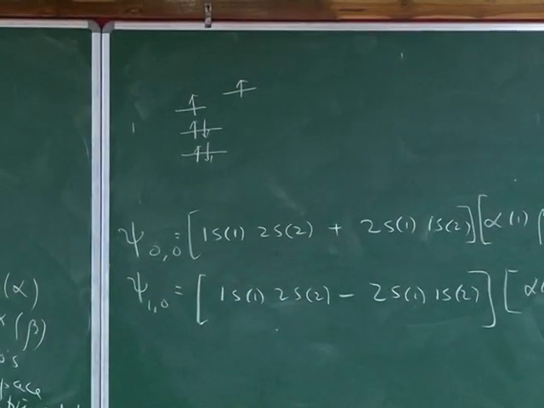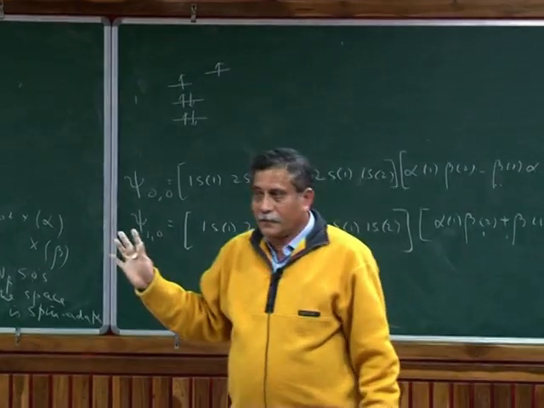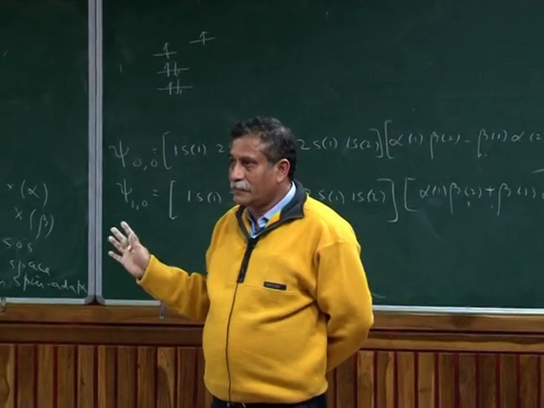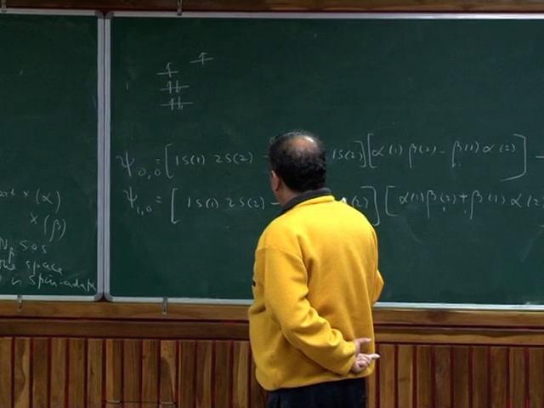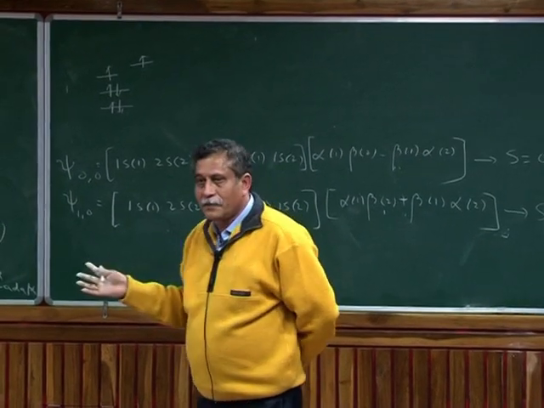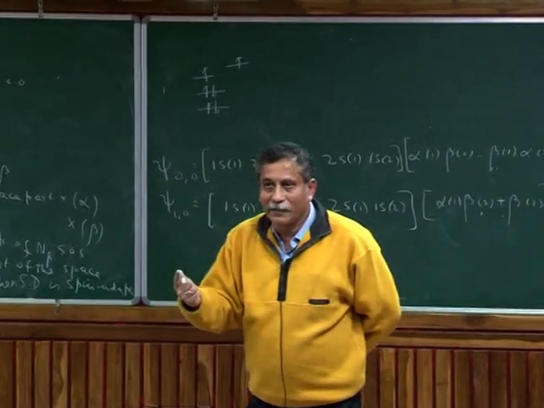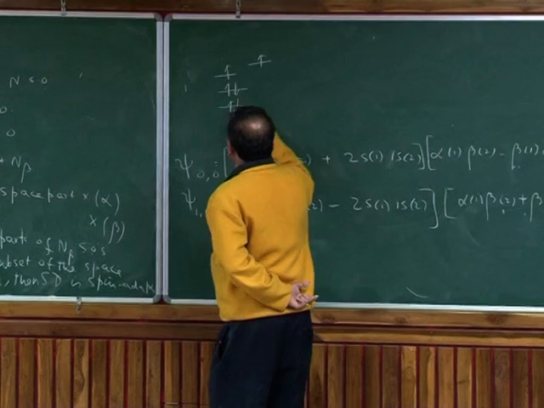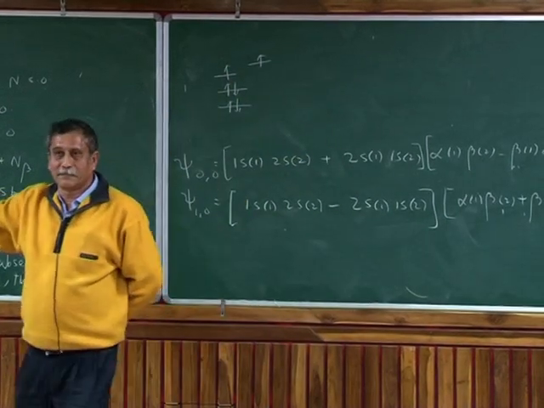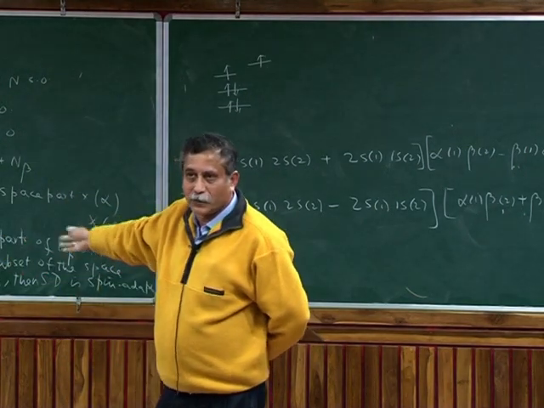Now, if you look at it, it's clearly spin adapted. You have 6 electrons, right? 6 spin orbitals. 4 of them upspin, 2 of them downspin. The space parts of the downspins are completely contained in the upspin. Correct? Because they have the same space part. So it is spin adapted.